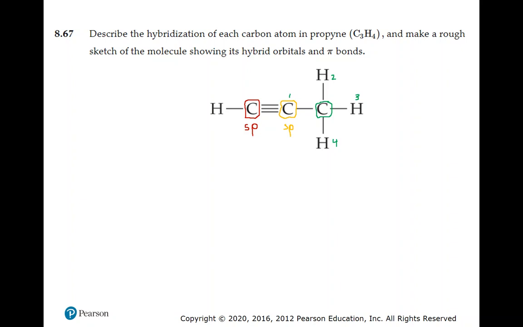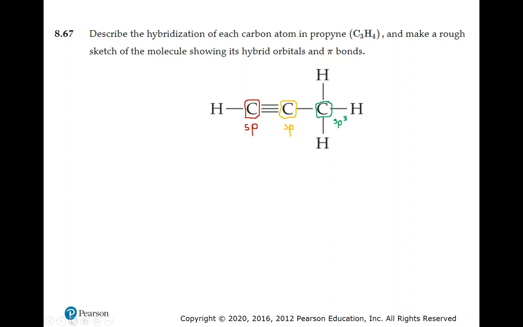So this is going to be sp3 hybridized. That comes from the hybridization of an s orbital and 3 p orbitals for a total of 4 orbitals for the 4 different atoms that we need to connect it to. So we have hybridizations of sp, sp, and sp3.